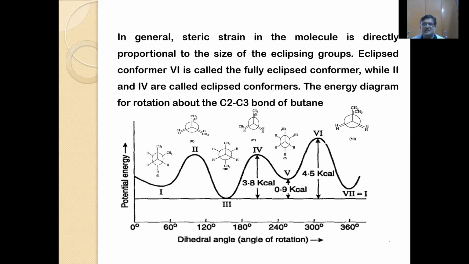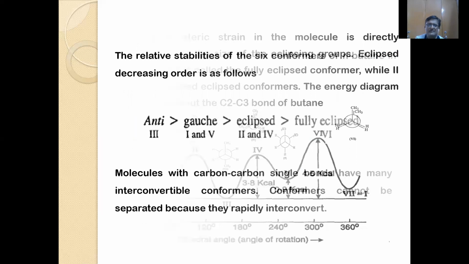In general, steric strain in the molecule is directly proportional to the size of the eclipsing group. Eclipsed conformer 6 is usually called the fully eclipsed conformer. This is the sixth one, fully eclipsed conformer. This energy diagram represents rotation about the C2-C3 bond.